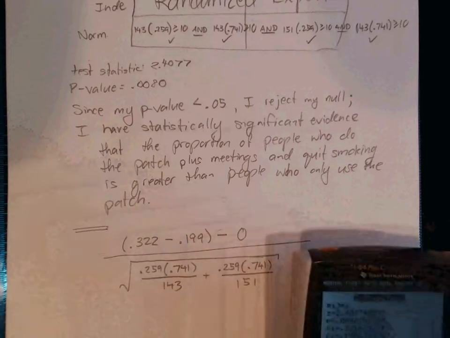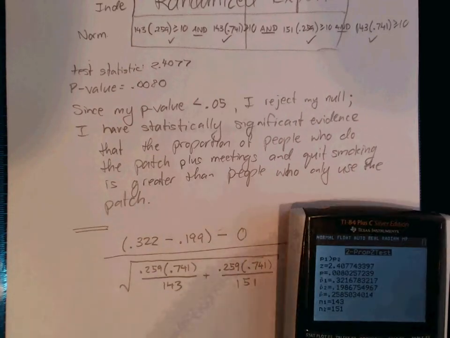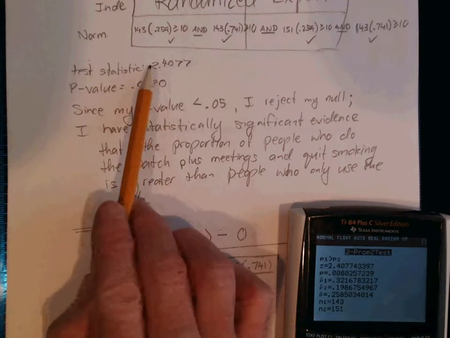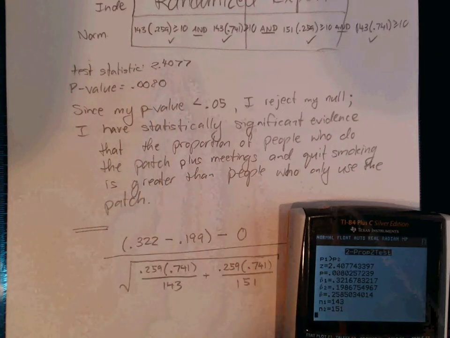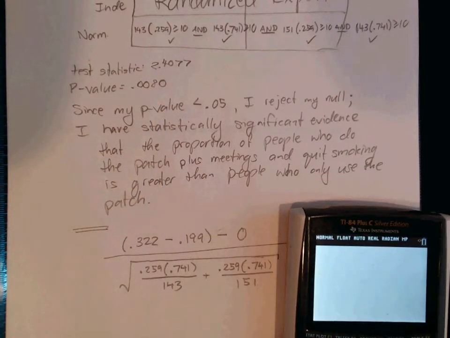And if I do this on my calculator, I should be getting 2.4077, or awfully close. So I'm going to do 0.322 minus 0.199, and I am going to remember that I have rounded here. 0.259 times 0.741 divided by 143 plus 0.259 times 0.741 divided by 151.